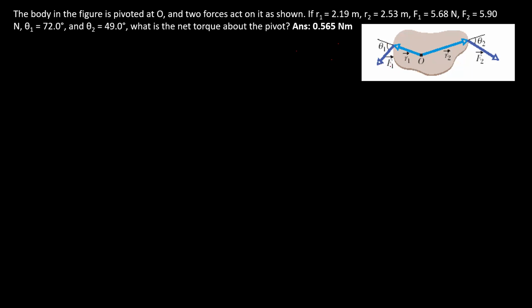So torque 1 is positive, torque 2 is negative. So let's look at torque 1. We solve for torque 1, we solve for torque 2, and then we compute torque 1 minus torque 2, because torque 2 is negative. So the formula is, let's use the second formula for this one.